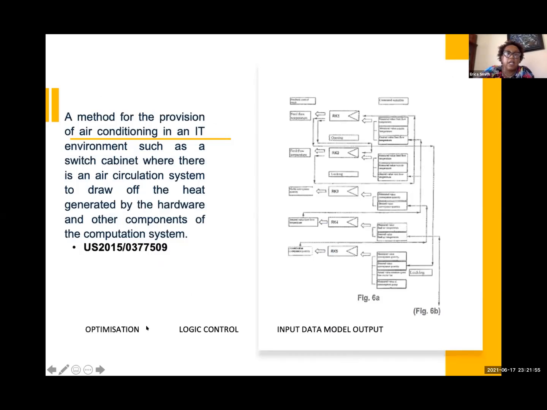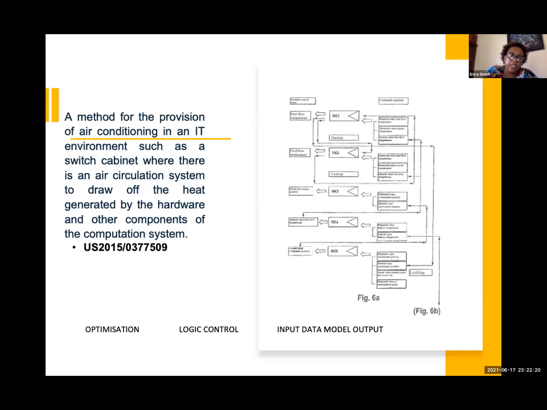Okay, so I will be looking at another US patent, and it concerns a method for the provision of air conditioning in an IT environment, such as a switch cabinet, where there is an air circulation system to draw off the heat generated by the hardware and other components of the computation system.